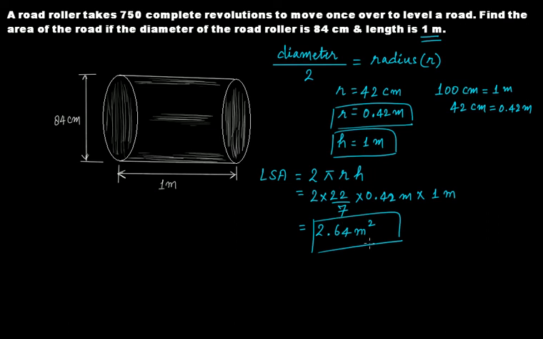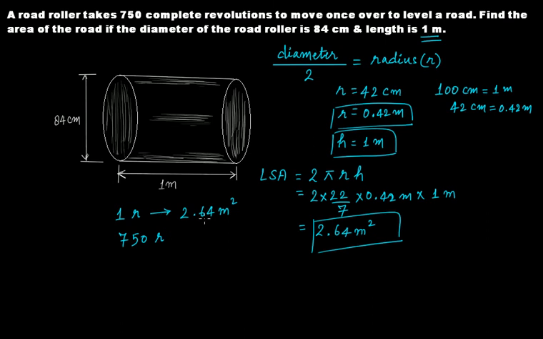If it takes 750 complete revolutions to completely level the road, what will be the area of the road in that case?